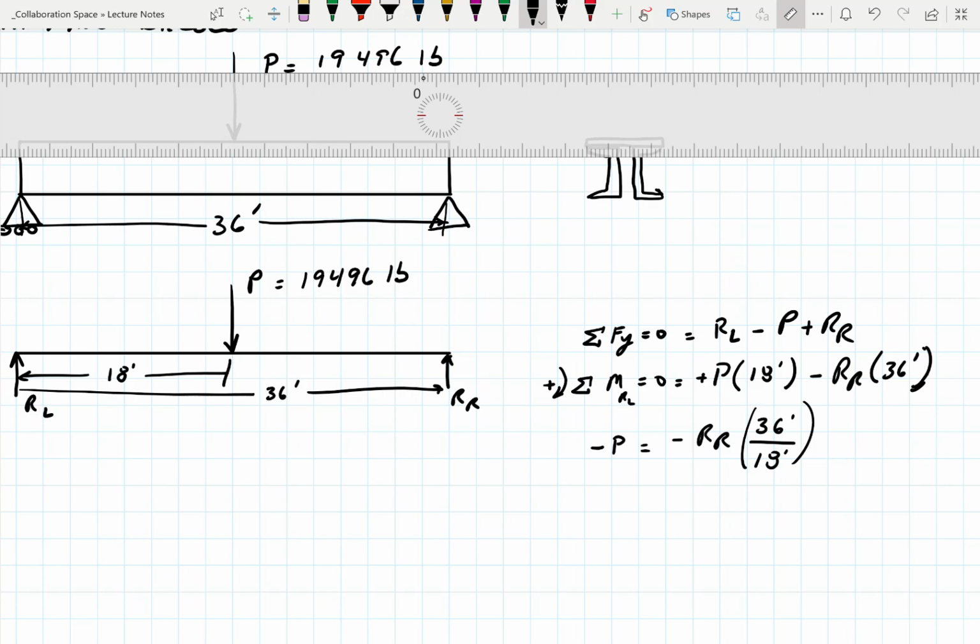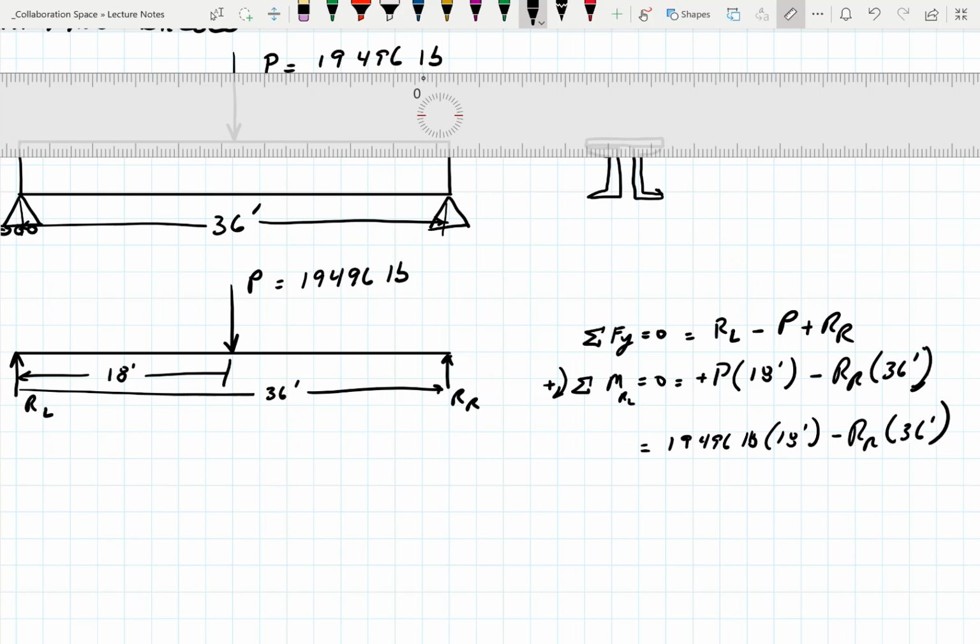Oh, sorry. Working that backwards. We know RL, don't we? I'm going to do this: 19,496 pounds times 18 feet minus RR times 36 feet.